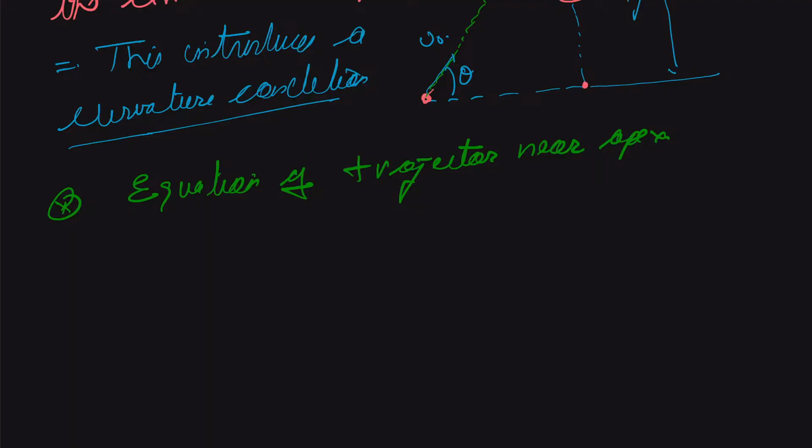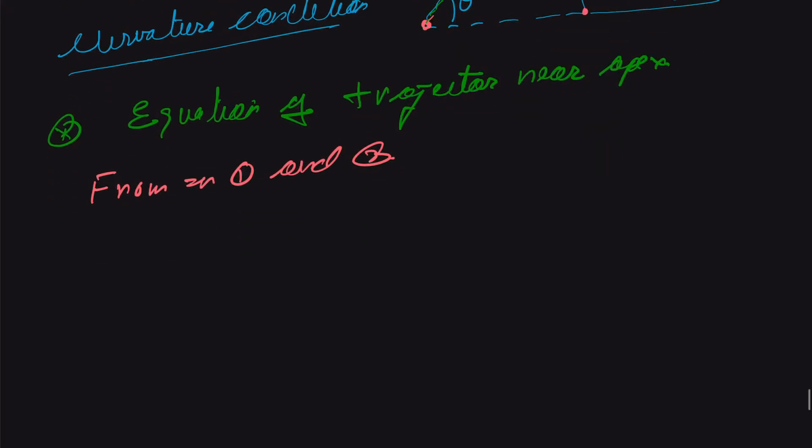So from equation 1 we find the time and substitute in equation number 2. That is going to give us the equation of trajectory.